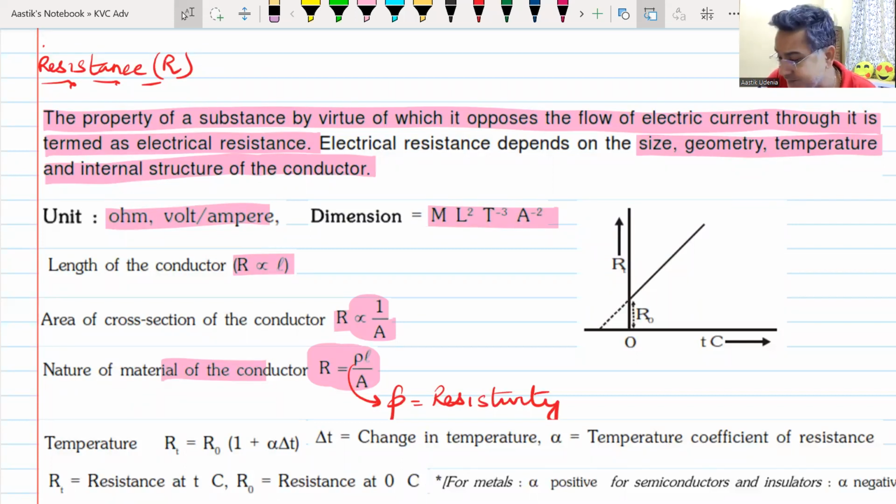That means for conductors, their resistance increases with temperature, but for semiconductors and insulators, their resistance decreases with temperature. Do we understand this? Yes or no? Yes.